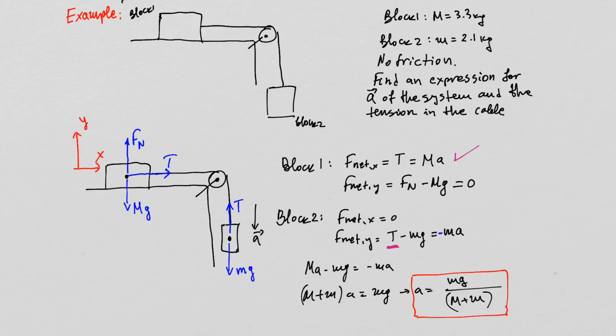Now that I have an expression for the acceleration A, I can go back into the x component of the net force equation for block number 1 to find an expression for the tension in the cable. And the expression for the tension force in the cable looks like so. The mass of block number 1 times the mass of block number 2 times gravitational acceleration divided by the total mass of the system.